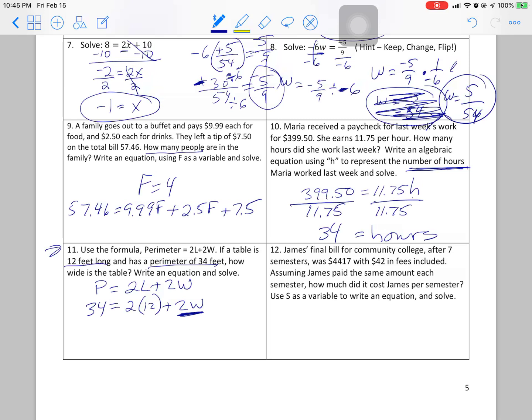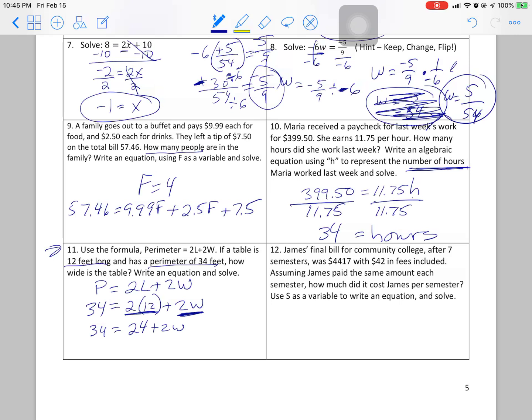So we're going to leave that alone, and what are we going to do? We need to move this, but we need to multiply first. So the PEMDAS is going to creep up here for a minute. So this is a 24, okay, plus 2W. Now, we sort of distributed, right? And there's no terms to combine.